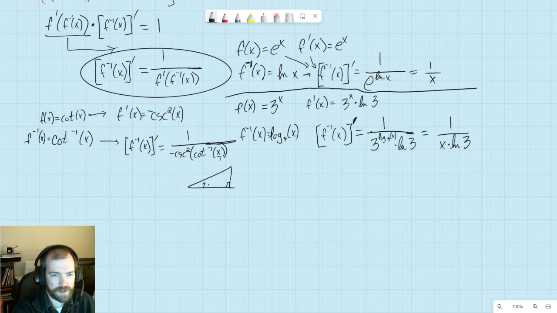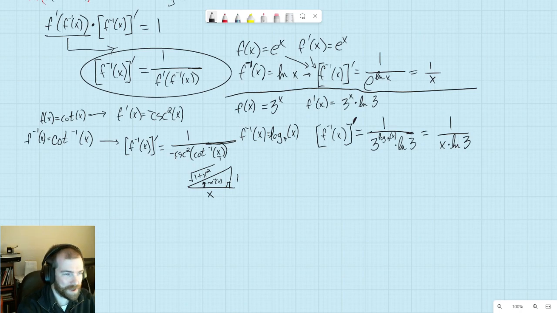Given that this is our angle in question, we can call it theta, or y, or just inverse cotangent. Cotangent inverse of x is going to be the angle here. So it's adjacent over opposite, x over 1. And what's the hypotenuse? Well, the hypotenuse is going to be the square root of 1 plus x squared. Cool.